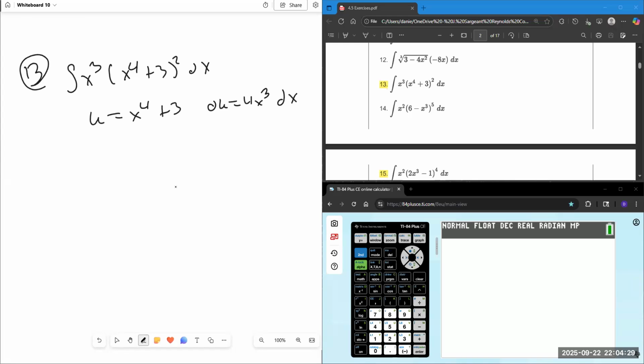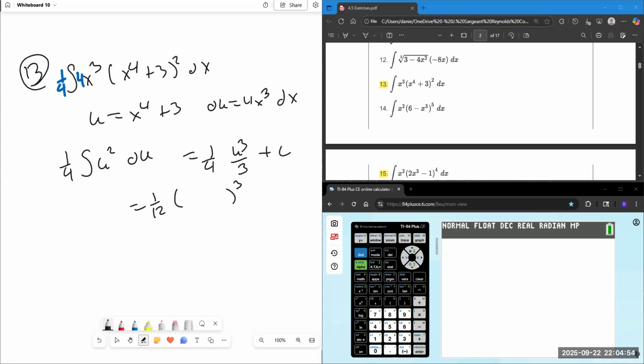So I need a 4 in here to make my du show up. So I'll balance it out with a 1/4, and that gives me 1/4 integral of u to the second du, which would be 1/4 u to the third over 3 plus c, is 1/12 u to the third plus c, with u being x to the fourth plus 3.